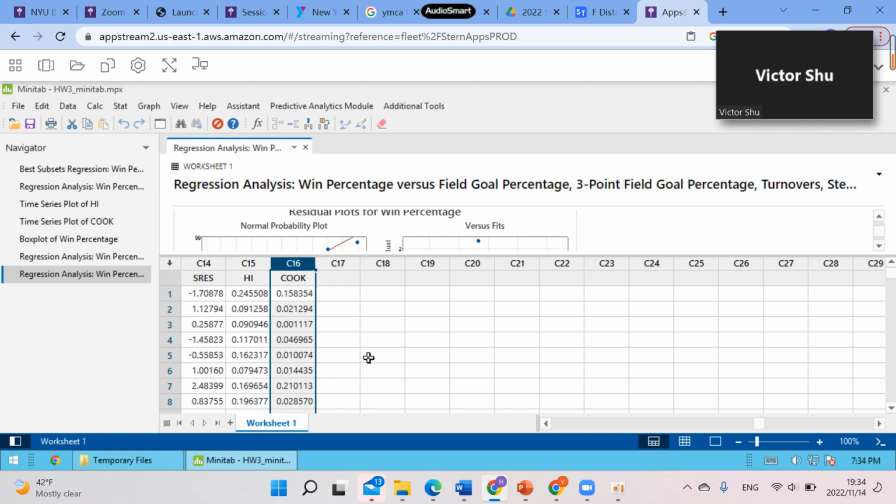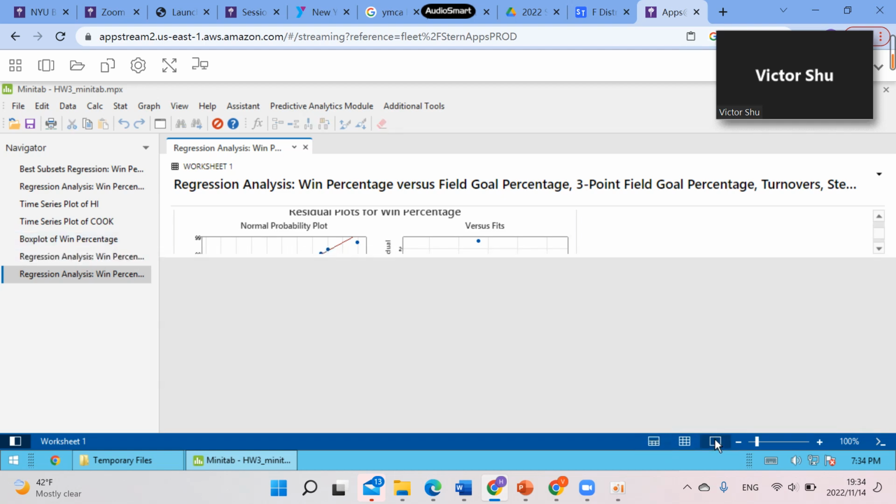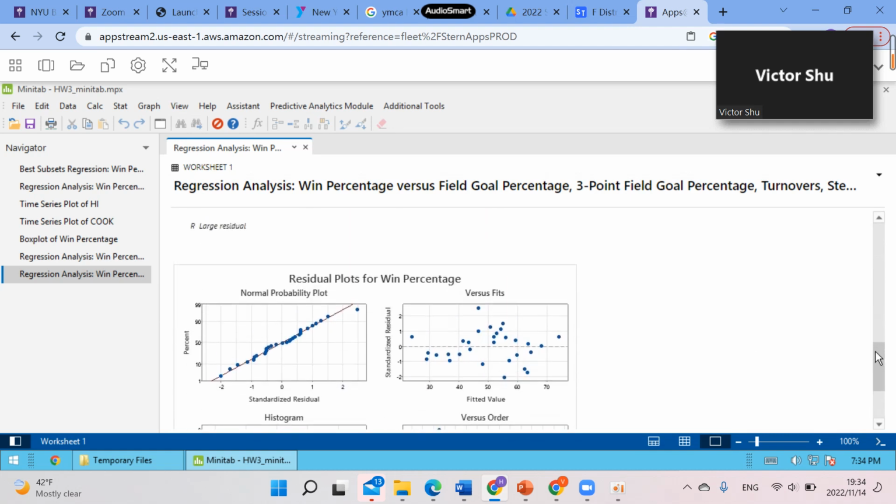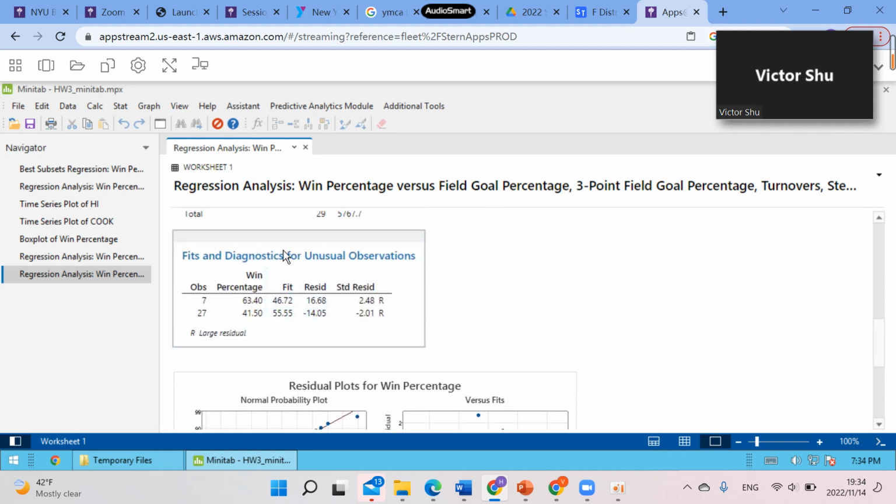You don't have to actually do a hypothesis test to determine if it is really large enough to become a leverage point or an influential point. You just need to point it out. And by the way, Minitab, as I showed you, already gives me a diagnostic observation output. So it's very convenient.